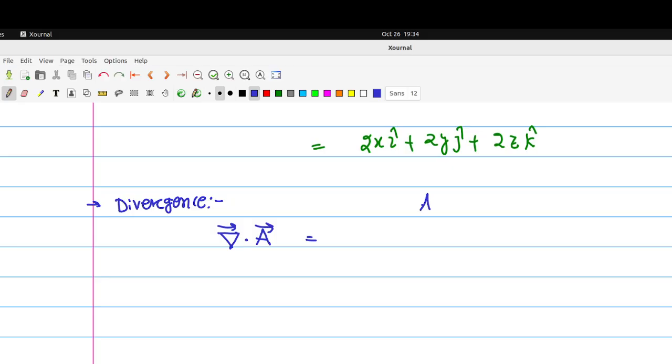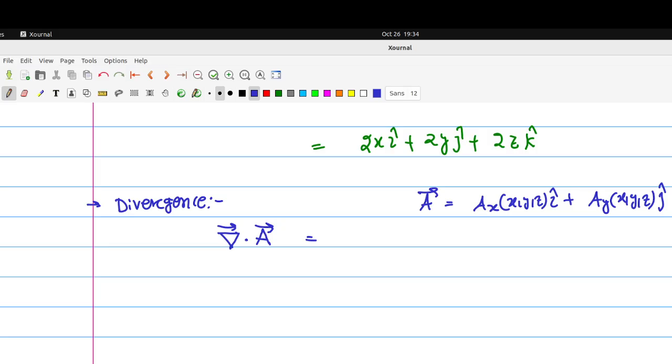Let's say my vector A is equal to Ax, which is a function of x, y, z, i cap, Ay, which is a function of x, y, z, j cap, Az, which is a function of x, y, z, k cap.